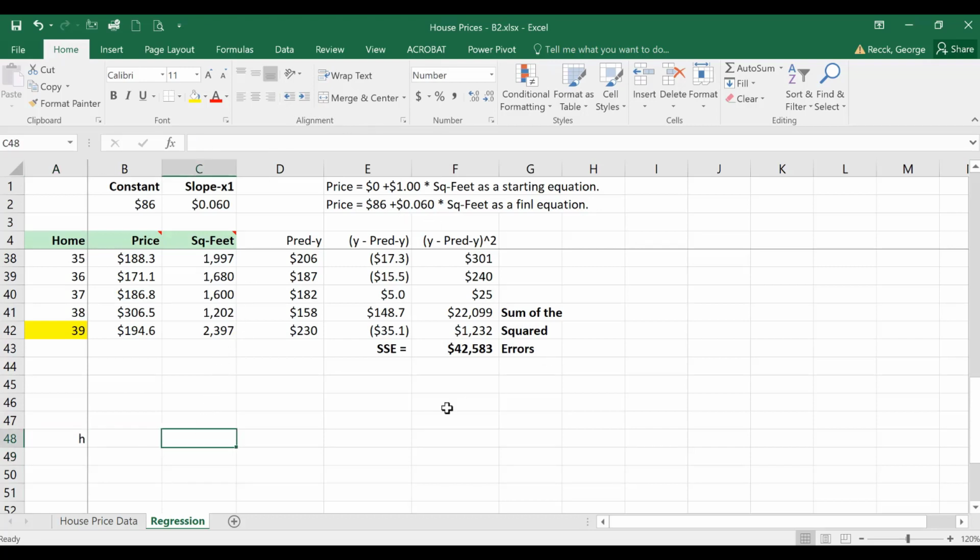And the square feet is 1,600. 1,500, I meant. How much do I feel I could pay for that house on average? Don't forget, these are averages.